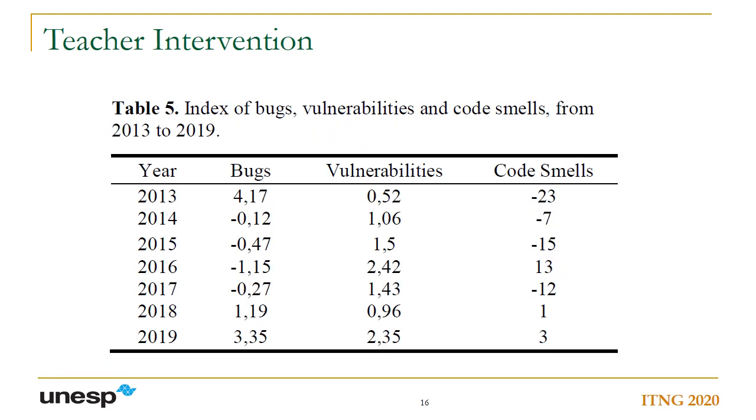Here also, considering the total number of violations of a given class per KLOC, 1000 lines of code, we calculated an index as follows. The number of violations per KLOC computed at Project 2 is subtracted from the number of violations per KLOC computed at Project 1.